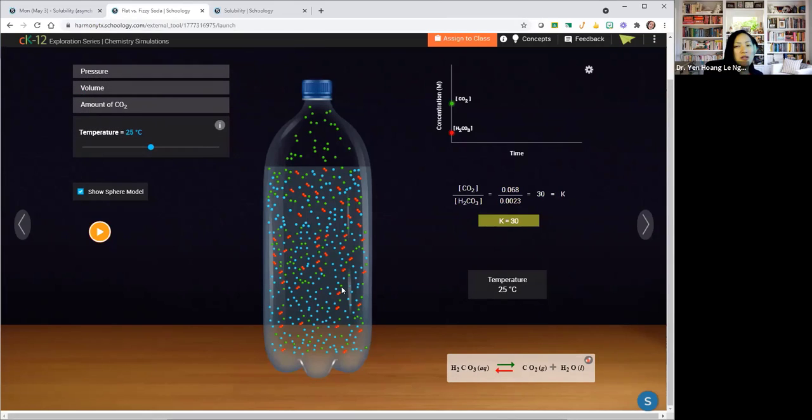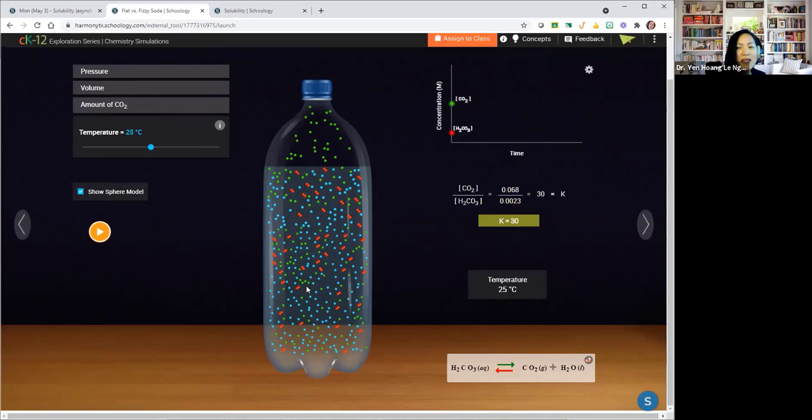So we introduced solubility earlier, and we talked mainly about solubility of solids, of ionic compounds. In general, if you want to increase solubility of solids in liquid, you would increase temperature, just like making Jell-O. You can make a supersaturated solution by heating it up. Then we ended the class talking about, well, what does that do to gases?